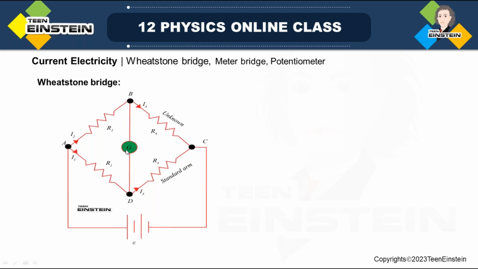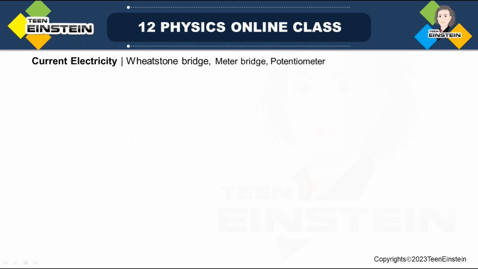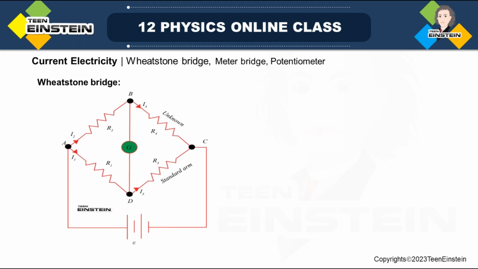It is an arrangement of 4 resistances, and they are generally named as P, then Q, this is R, and this is S. I'll tell you what these are.